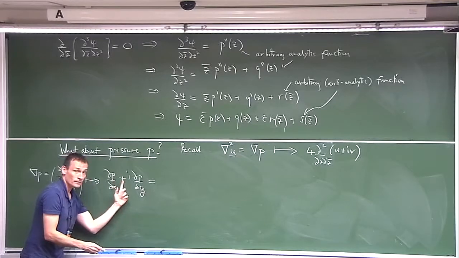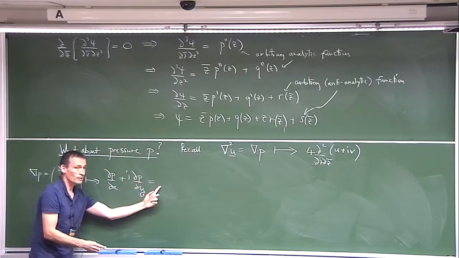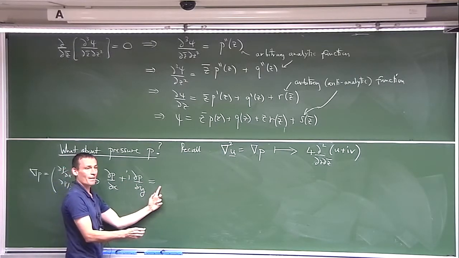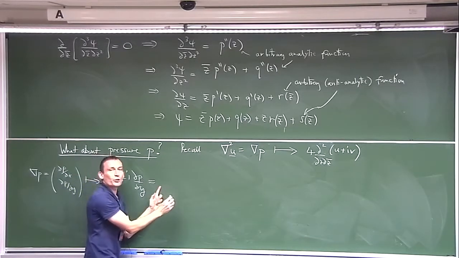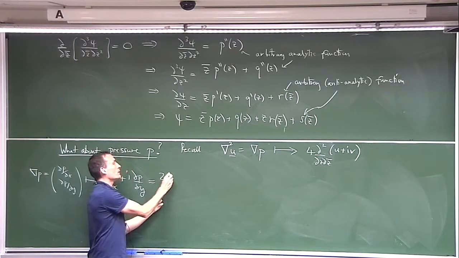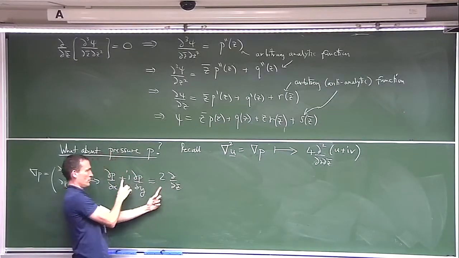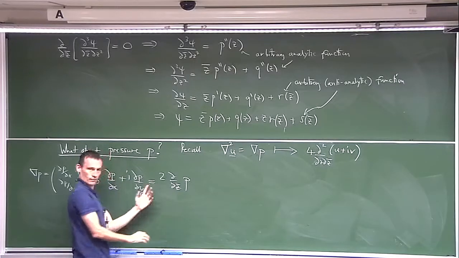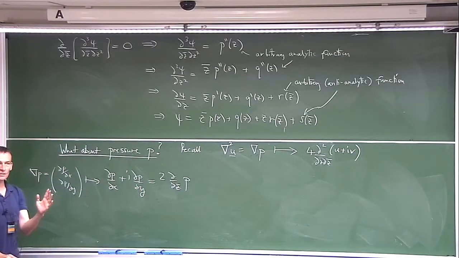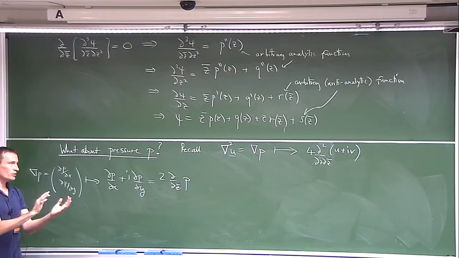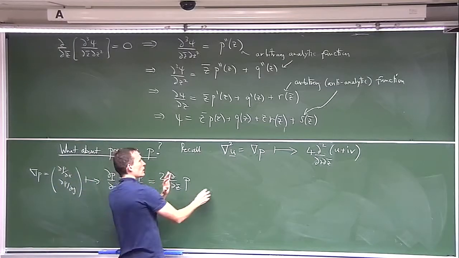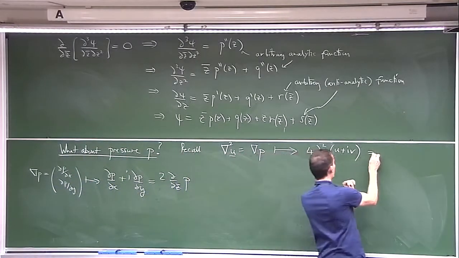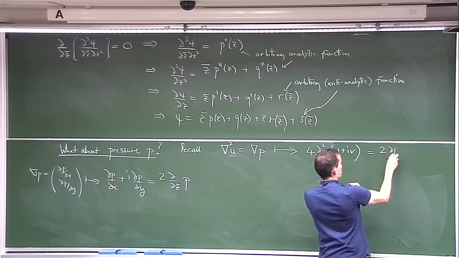There's a plus. So what is this? Oh yeah, but don't forget the 2. 2 d by dz bar of p, it's the opposite one with respect to p. Everyone getting the hang of this? We're just literally taking vectors and scalars in R2 and rewriting them in terms of z and z bar. So let me put that over here, dp by dz bar.